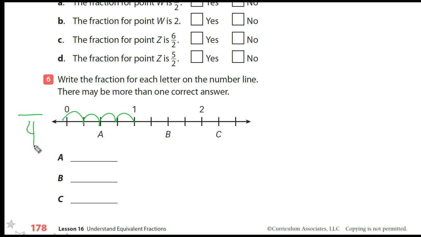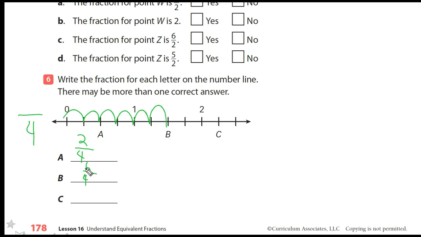It's 1/2, but how do I write it in fourths? 3/4. Correct. Okay. What's the fraction for point B? Well, I know that my denominator is going to be fourths, right? But I got to go 1, 2, 3, 4, 5, 6. 6/4.